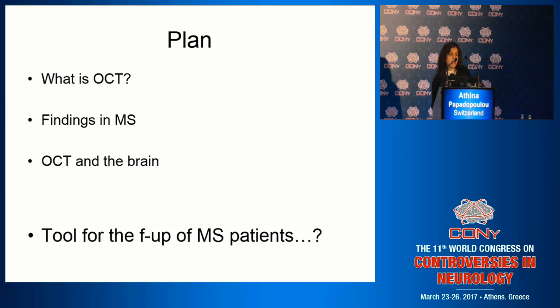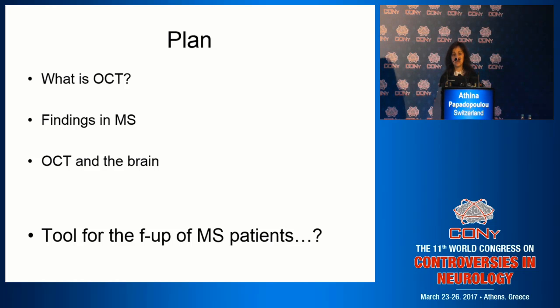So actually, we heard a lot also in the previous discussion regarding useful tools and useful biomarkers to follow up our patients. And I won't go into detail regarding this, and I will go directly into the theme, what is OCT, but I just wanted to mention, following up to the previous talk, what is actually the most important unmet need for you as neurologists in following up the patients.